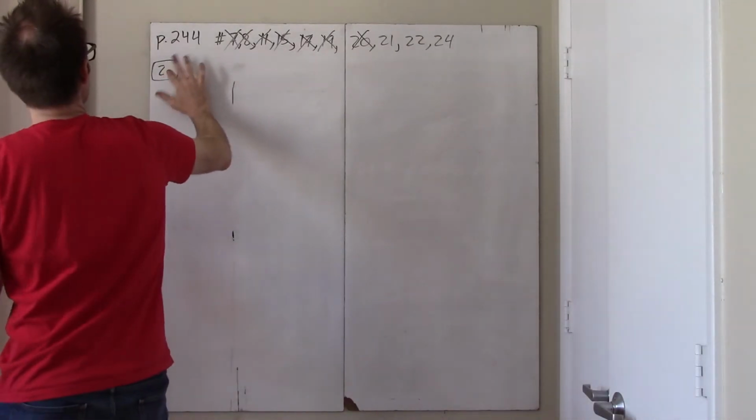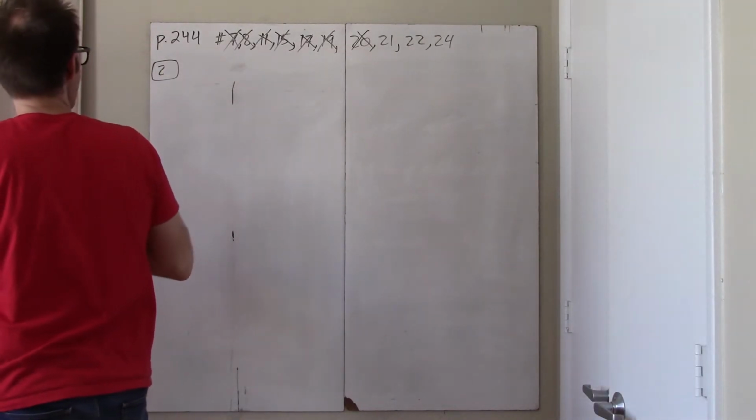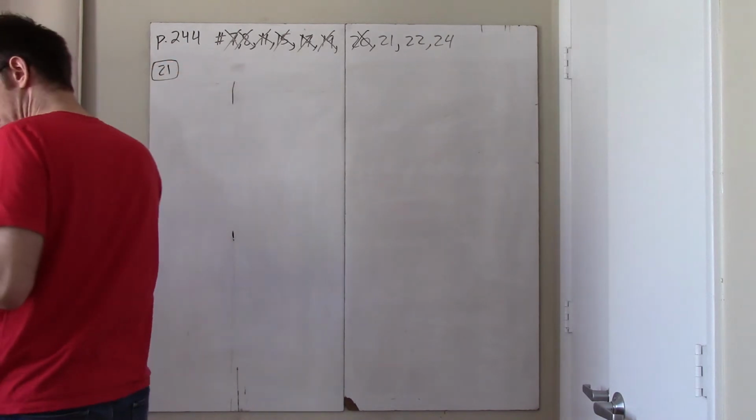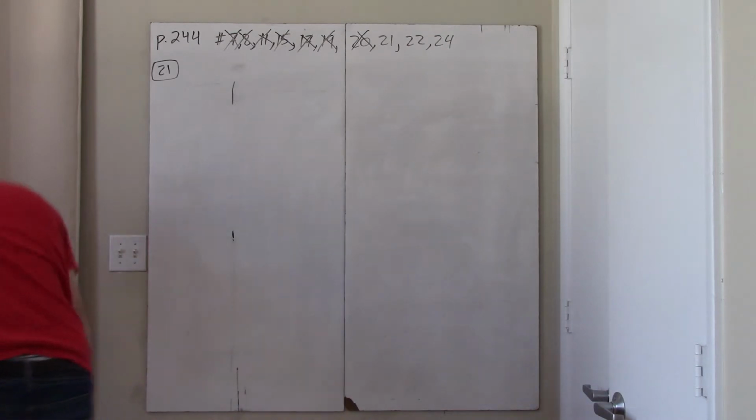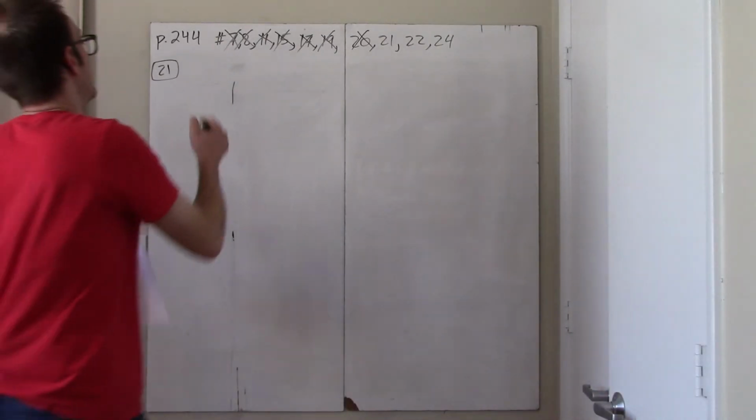What does 21 say? 21 says, calculate the number of bit strings of length 9 that either begin with 2 zeros, have 8 consecutive zeros, or end with a 1. I'll write that down.